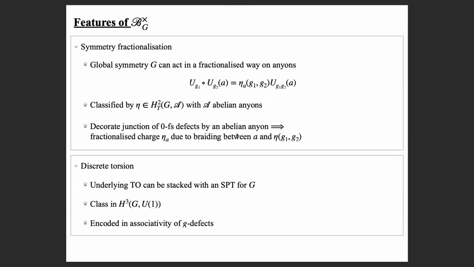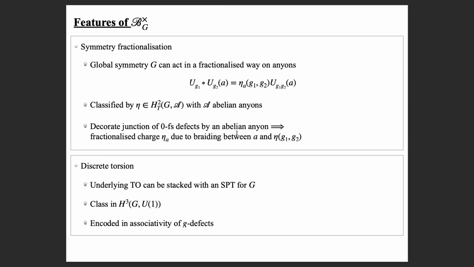Two important things that arise in this G-graded extension of symmetry and topological order are symmetry fractionalization and discrete torsion. Symmetry fractionalization means that your symmetry G can act in a fractionalized way on anyons. For example, G acting on a composition of G acting on an anyon A can acquire these projective phases.